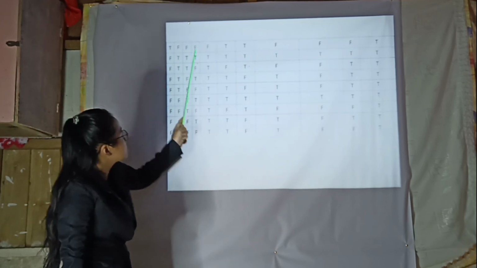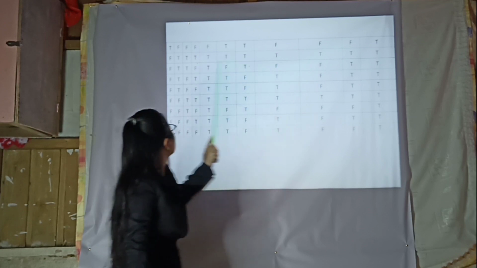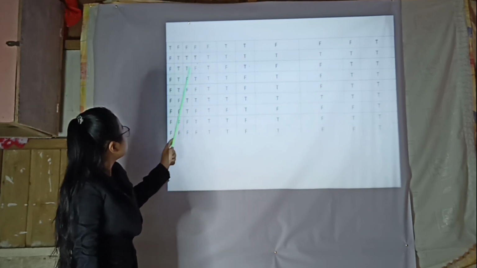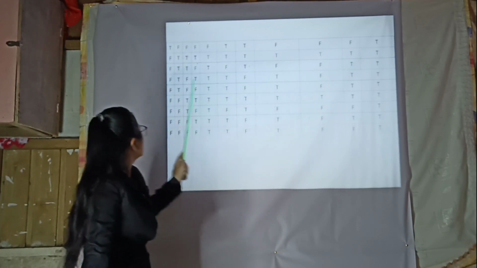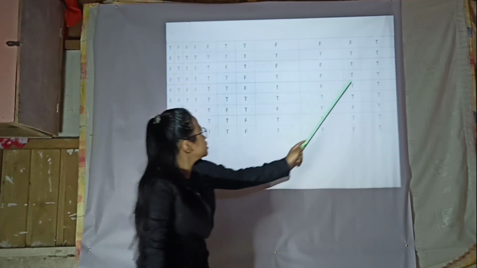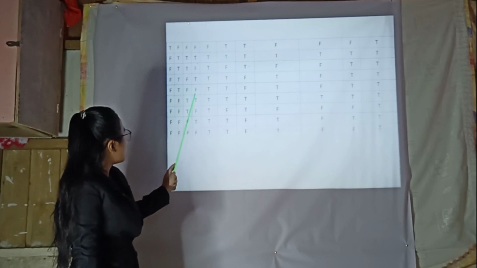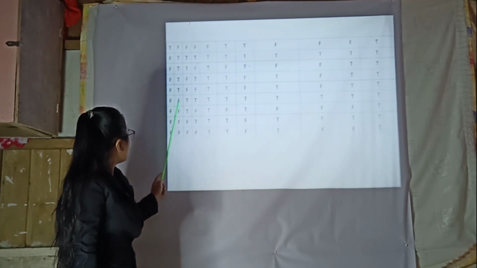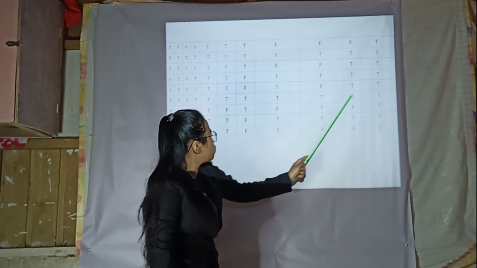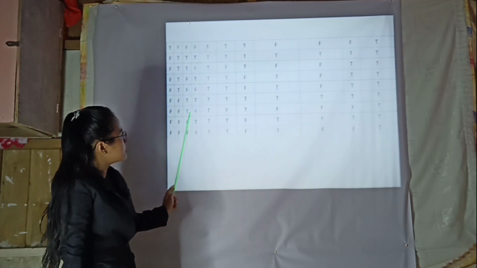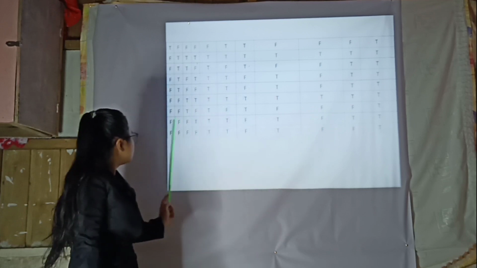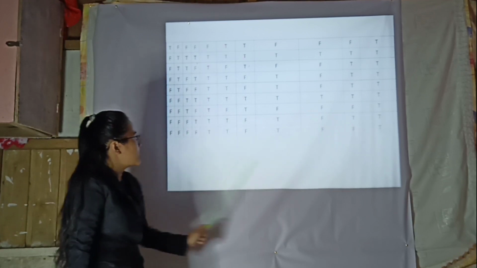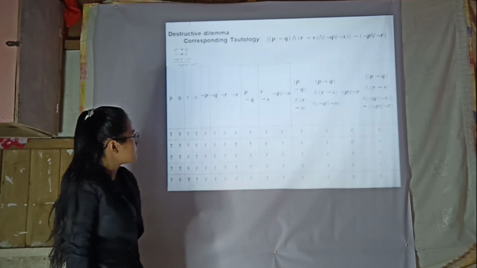So false is false. So true is true. So true, false is true. So true is true. So true, false is true. Then false, true is true. Then false, then false. So false, true equals true. So false equals false.